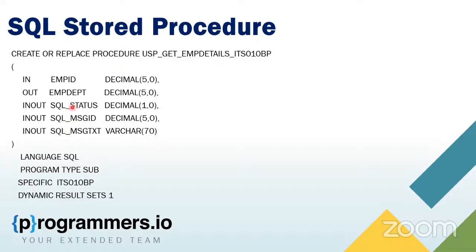Now, this is a SQL stored procedure, not an external stored procedure. So here the language is SQL. Program type sub is an important keyword. It's not mandatory, but we recommend you use it, because if you create the stored procedure this way, the object will be created as a service program, not a normal program.